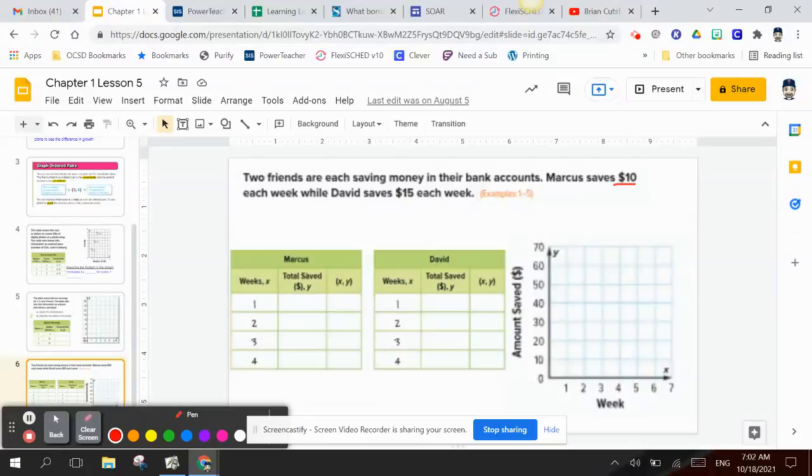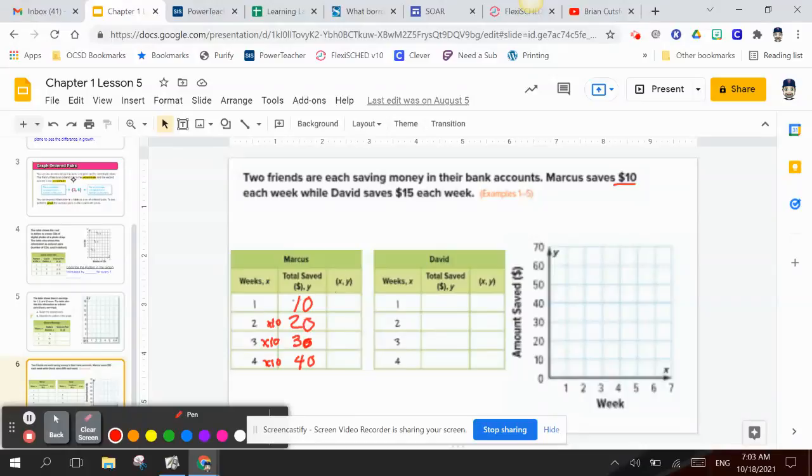So in 1 week, how much would he have saved? That would be $10. In 2 weeks, well, 2 times 10 is 20. In 3 weeks, 3 times 10 would be 30. And in 4 weeks, 4 times 10, he would have $40 saved.